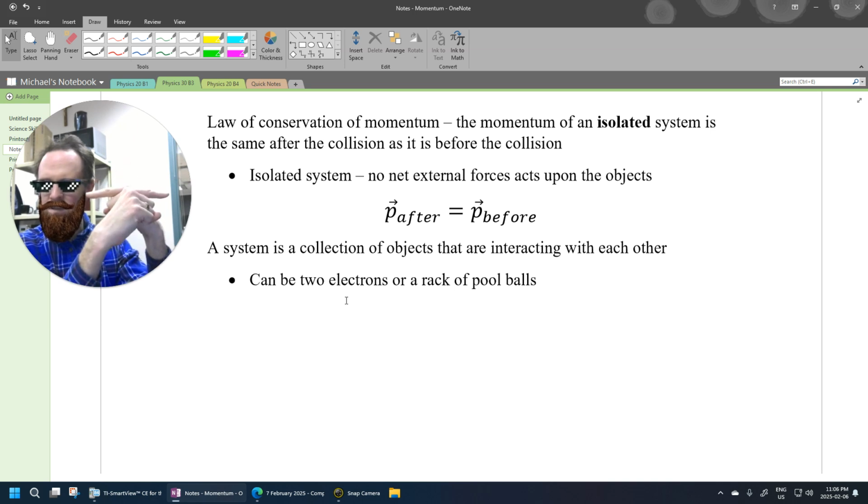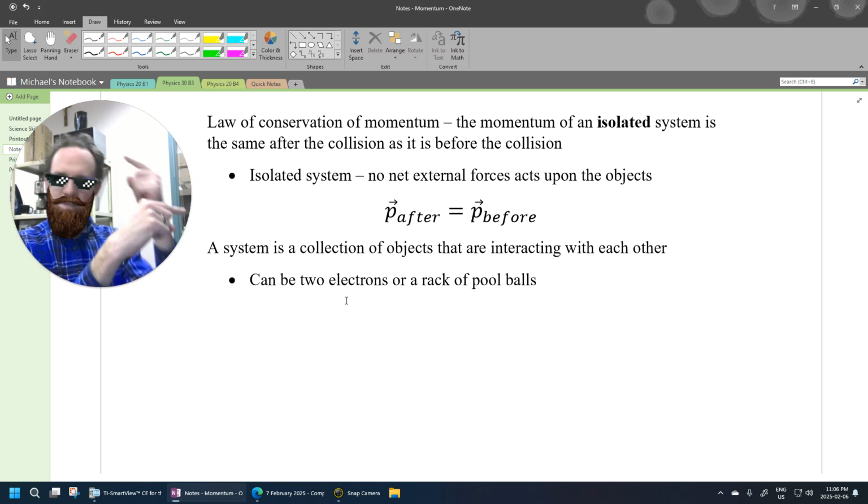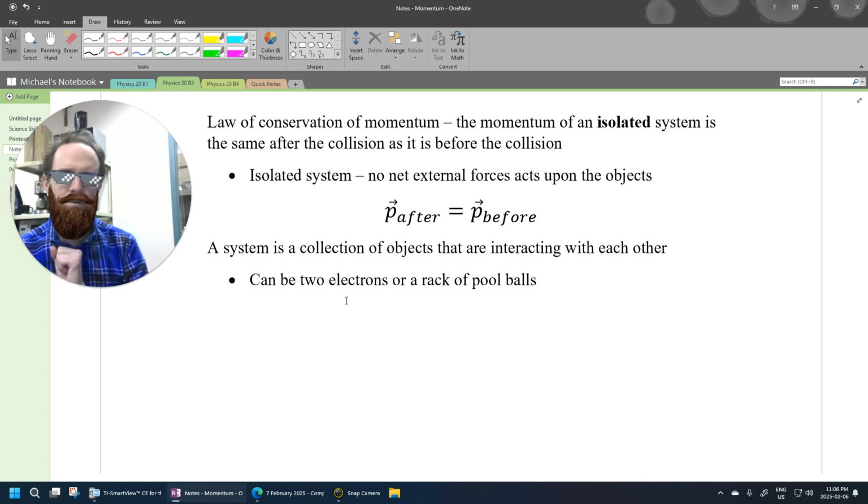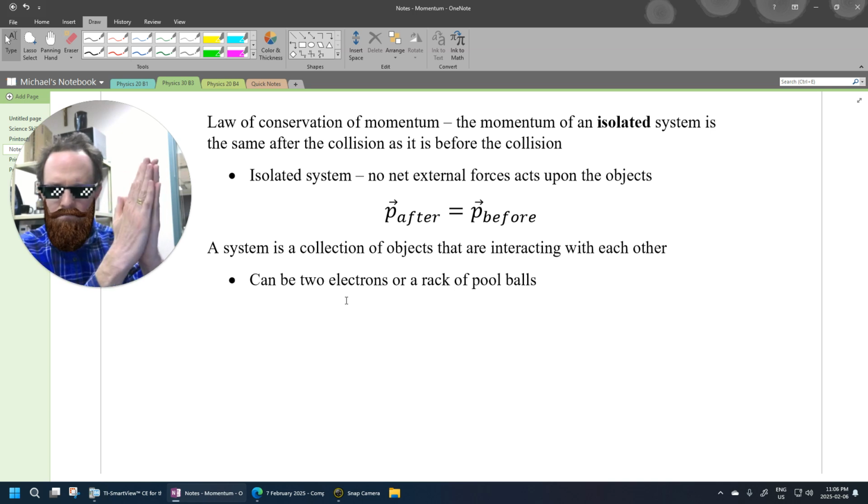They have opposite forces, so in Newton's third law, one would be positive, one would be negative. And if I go force times time, they're interacting for the same amount of time because they're touching each other for the same amount of time. It wouldn't make sense otherwise. You can't say, I'm touching you for 5 seconds, and the other guy only touches you for 2 seconds. No, that doesn't work. They're interacting for the same amount of time.